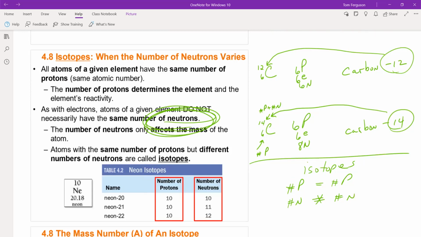Now, the number of protons cannot change. For example, neon here has got 10, but we can have differing numbers of neutrons. And some of these are more stable than others. So these together are going to make up the mass of the isotope.